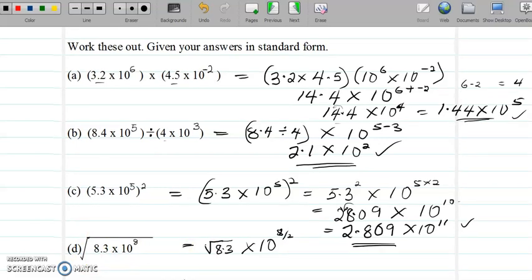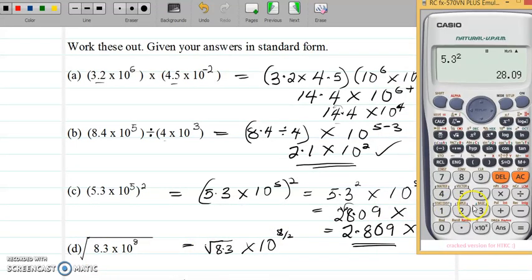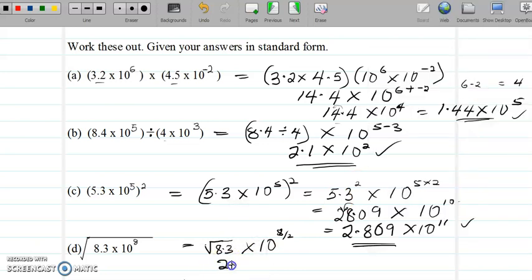Now, the square root of 8.3 is approximately 2.88. So we have 2.88 times 10 raised to the power 4. So this is how we solve the problem. Okay, thank you for listening. Bye.